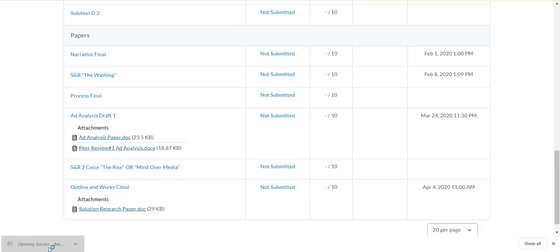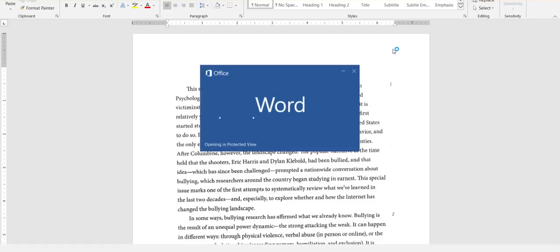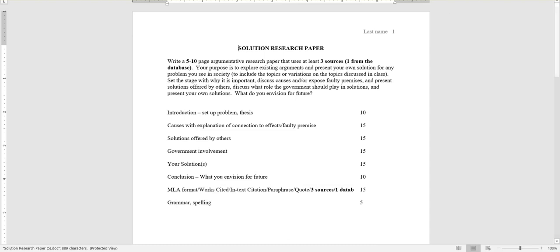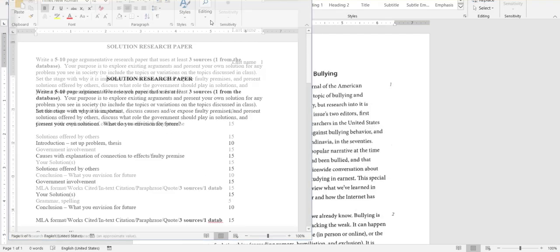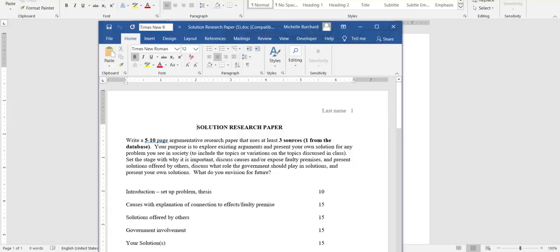So I'm going to open that up, and it'll take a moment. And now let me move this out of the way. Uh-oh, I need to enable. There we go. Enable. And now I want to make it big again.